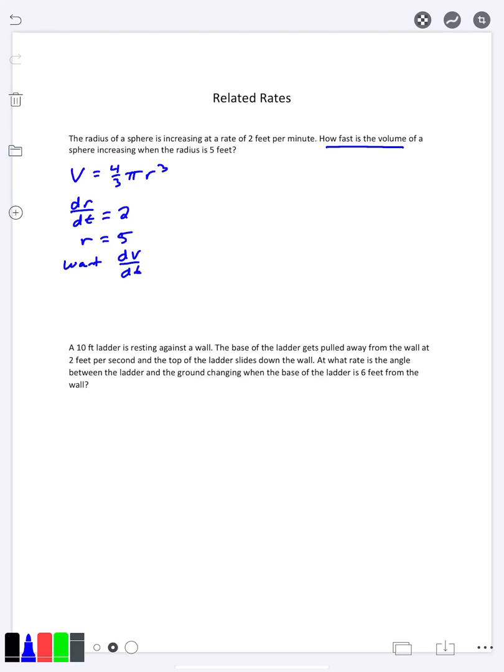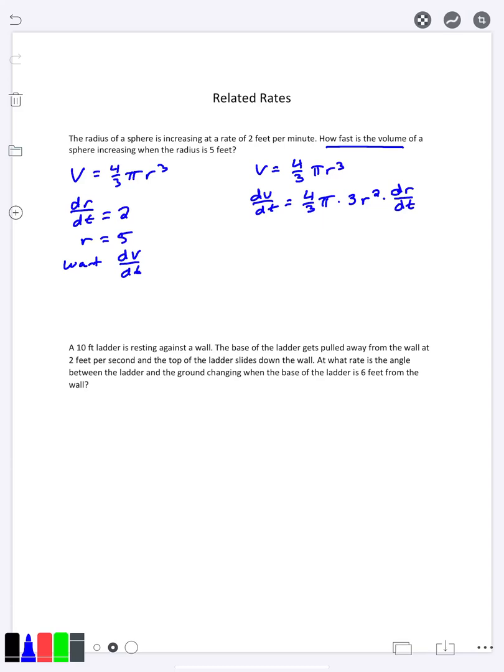Okay, so if we know that v is 4/3 pi r cubed, well, then I can take derivatives of both sides, and I can say dv dt is 4/3 pi. It's constant, so it just comes along for the ride. And then the derivative of r cubed is 3r squared, and then by chain rule, dr dt.